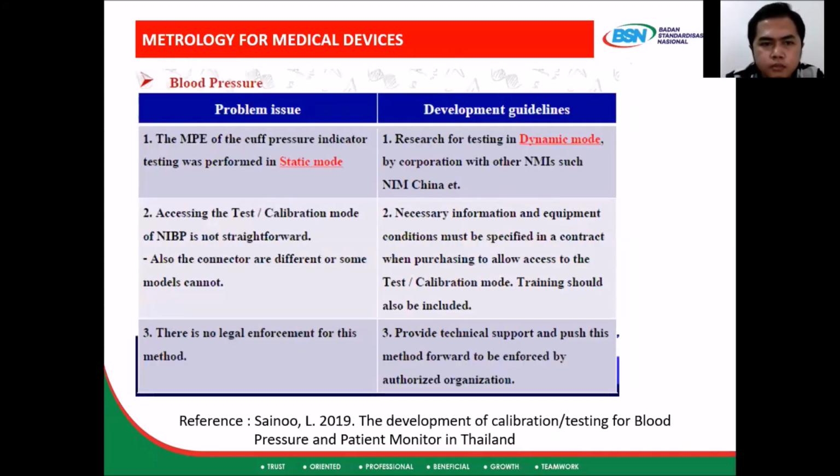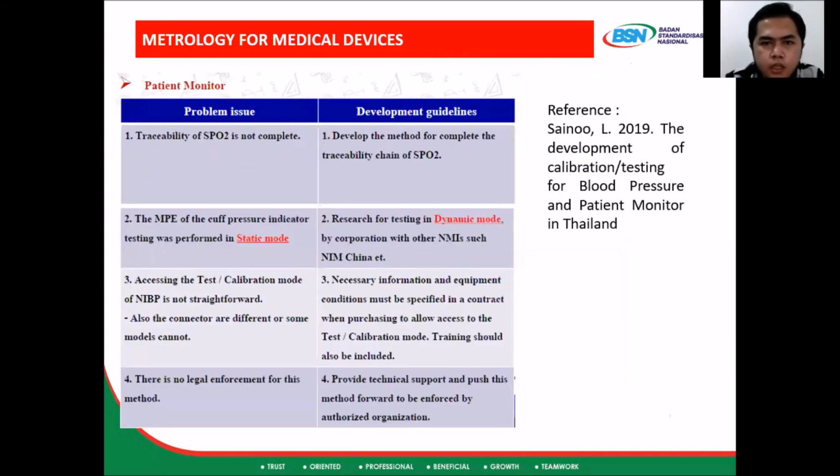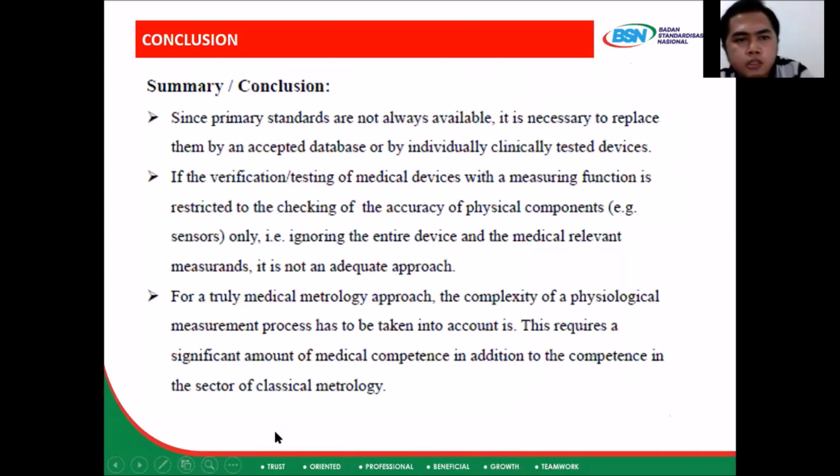So it should be to develop the method to complete the traceability chain of SpO2. And the conclusion is, since the primary standards are not always available, it is necessary to replace them by an accepted database or by individually clinically tested devices.